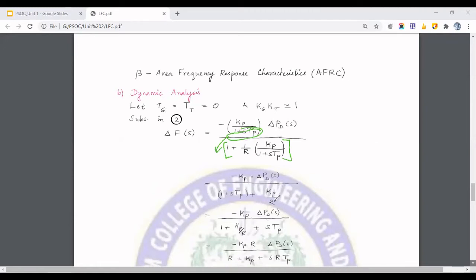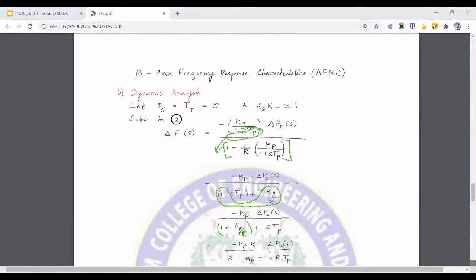Now let us group the terms that do not have S in the denominator. These are the two terms that do not have S, so I have grouped them together. Now let me remove this R from the denominator and take it to the numerator.